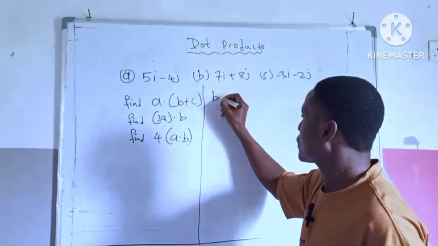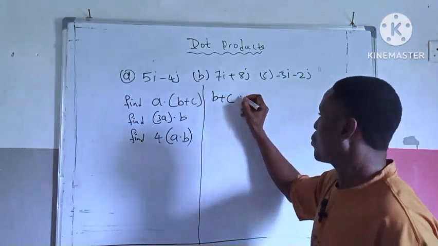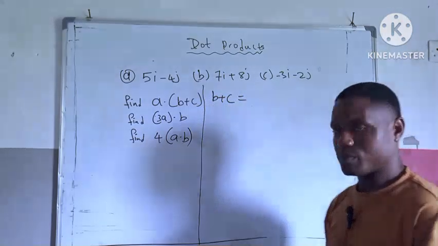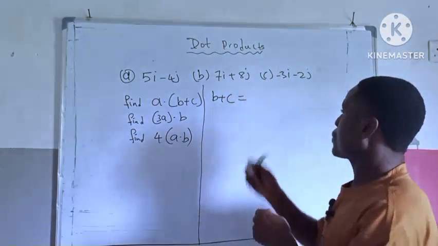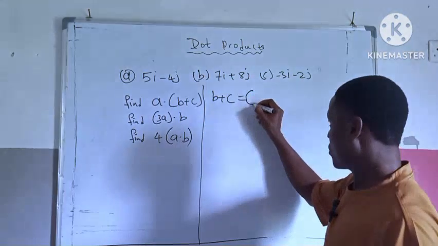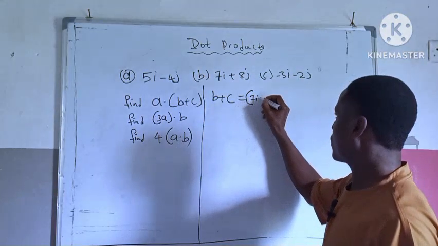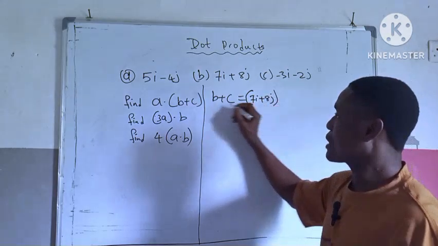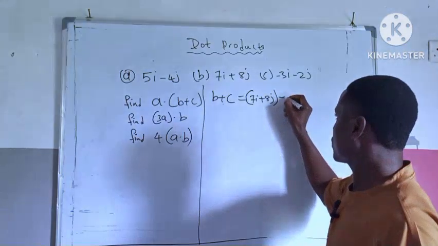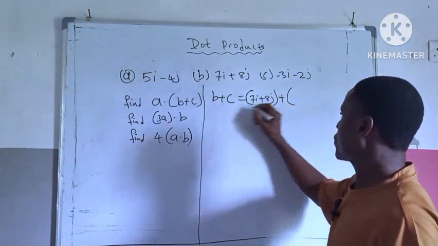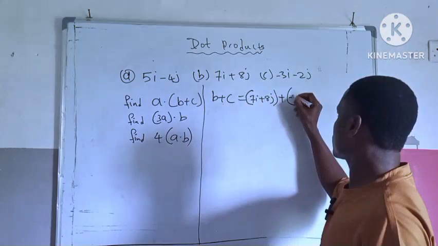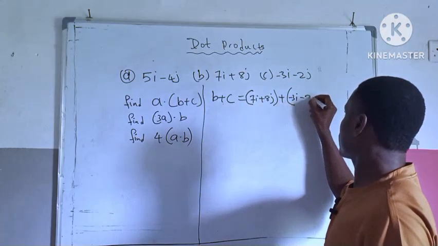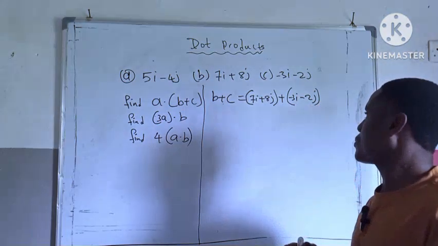Please follow me step by step. The addition of b and c. The value of b is 7i plus 8j. Since it's addition, you put plus here. Then the value of c is minus 3i minus 2j.